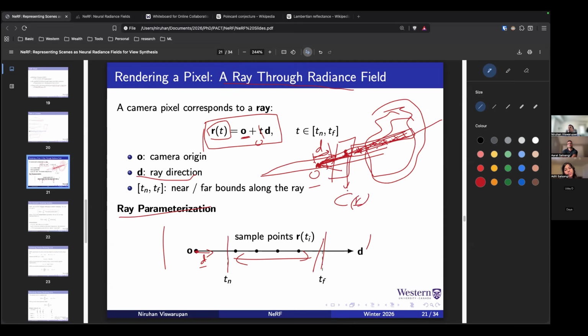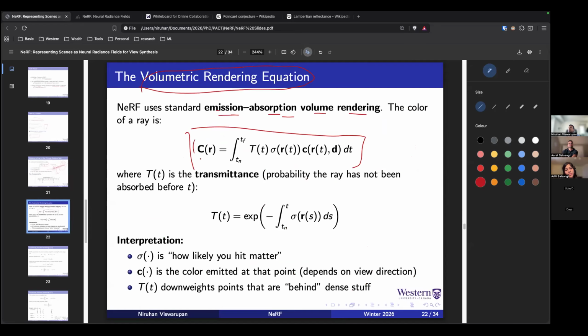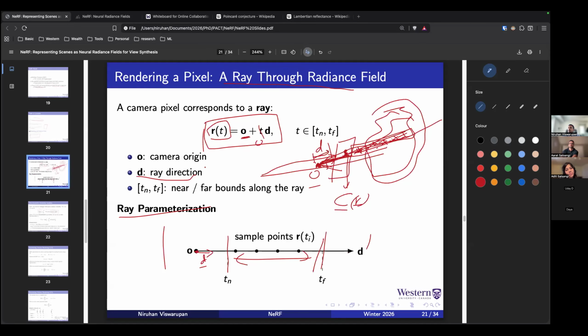C(r) is the color of the pixel in the 2D image plane, not the 3D space, and C(r(t), d) is the color of the point in the 3D space. You take the color of the pixel as the integration over this region of interest, from here to here.